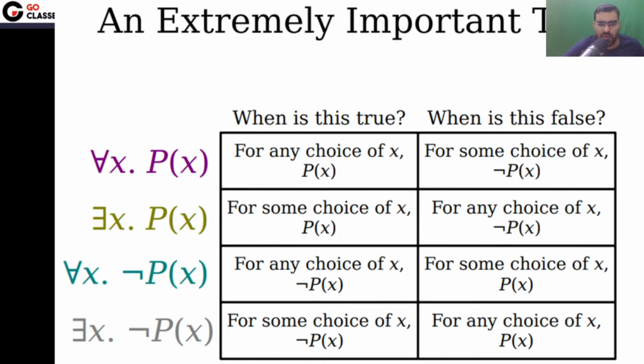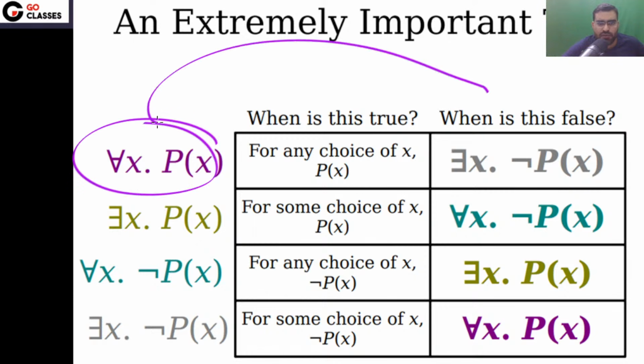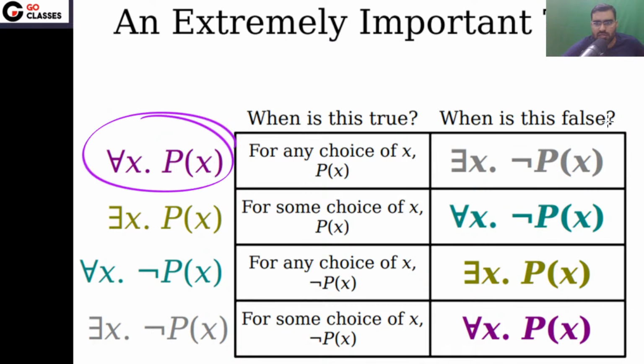Is this table clear to everyone? Please let me know. A beautiful question can be created in the GATE exam like this. You can see when this will be false: if for someone P is false.